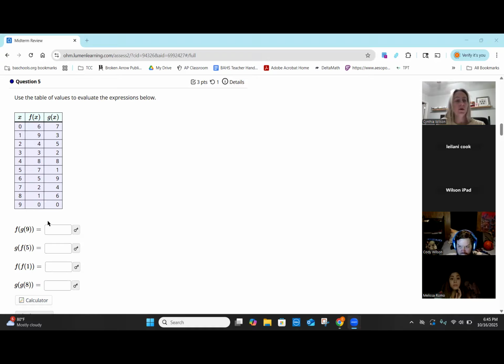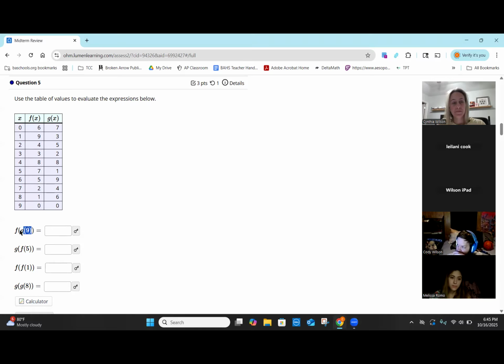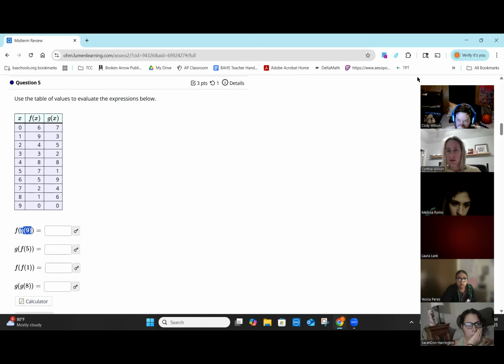Now, it's asking for f of g of 9. All right, so we start with the inside. We're gonna find g of 9 first. And you might need to adjust how you see the pictures so that you can see my iPad screen. I don't know how that works. If you can select someone, can you select someone?